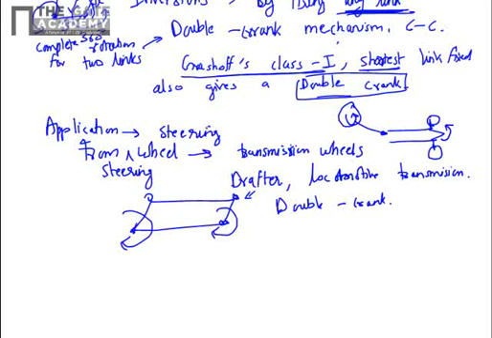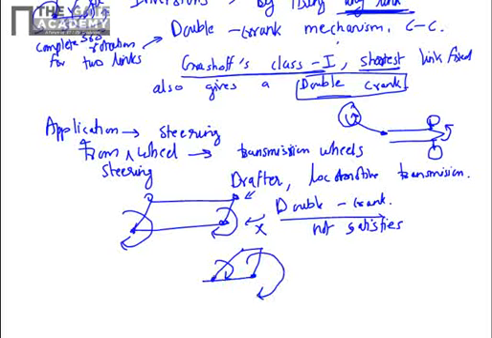In double crank, which doesn't satisfy the parallelogram condition, you can get an amplification of the rotary motion. So the two circles which are circumscribed by the double crank mechanism may be of different size and different angular position, different start and end position.